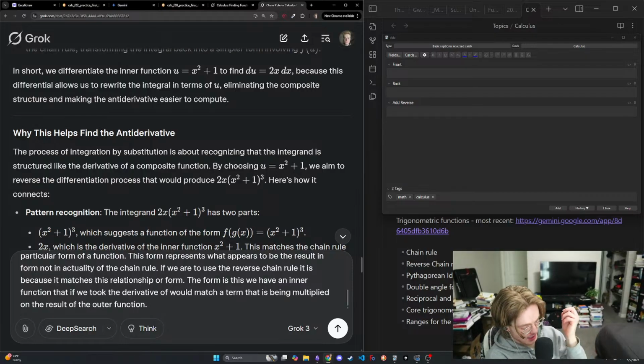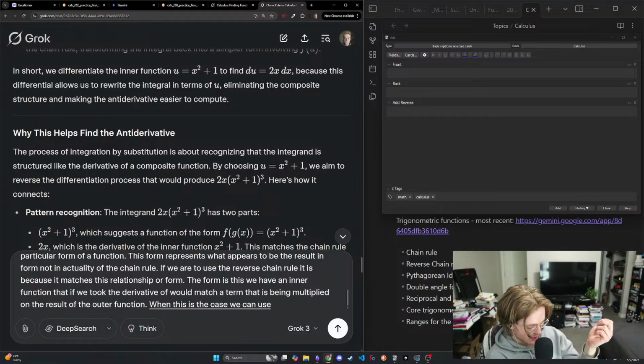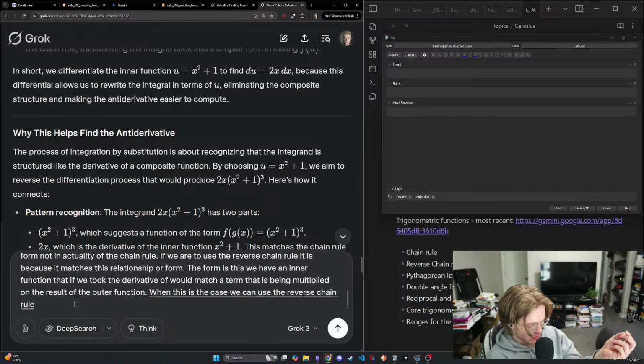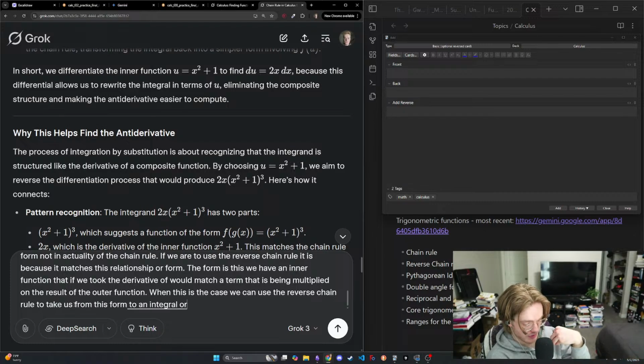When this is the case, we can use the reverse chain rule to take us from this form to an integral or an antiderivative. Is this the case?